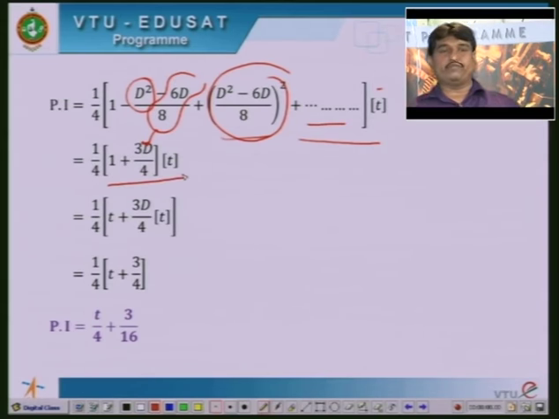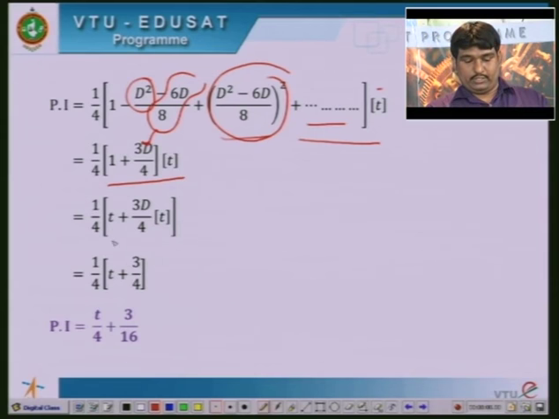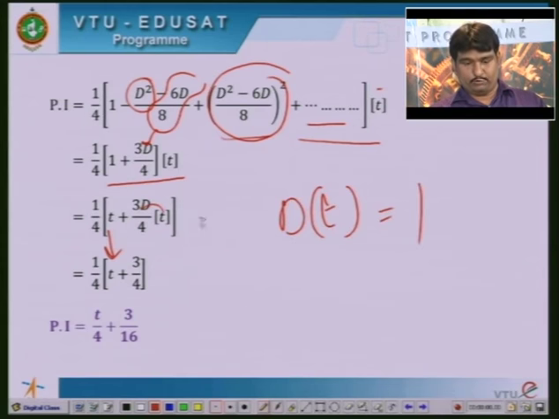So it is equals to 1 by 4. Now you multiply 1 into t is t plus 3D by 4 operated on t. This term as it is, 3 by 4 as it is, D of t, D stands for differentiation, differentiation of t is 1, so it is 3 by 4. So finally pi is t by 4 plus 3 by 16.